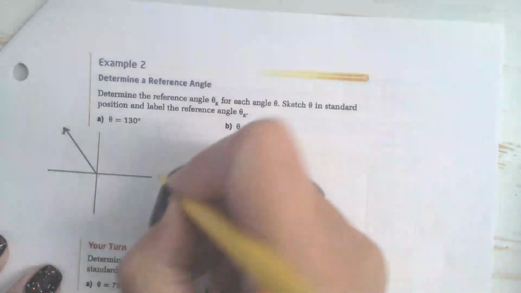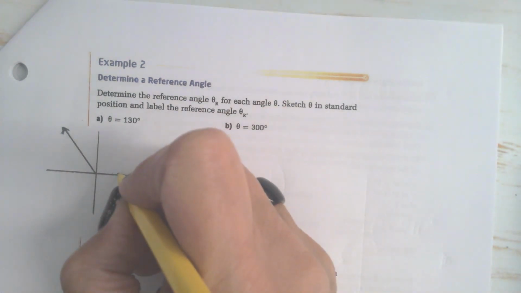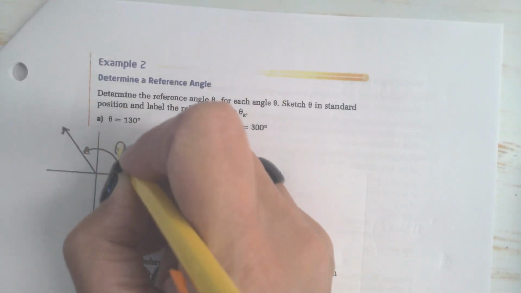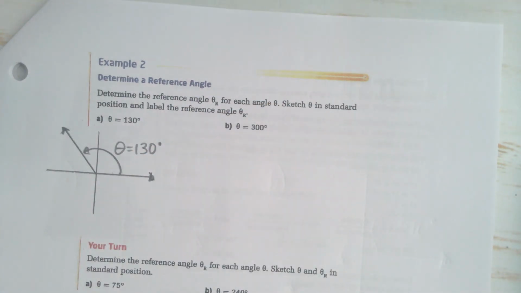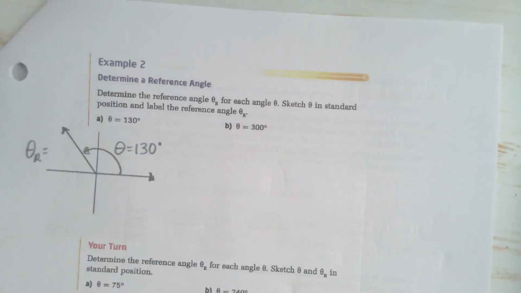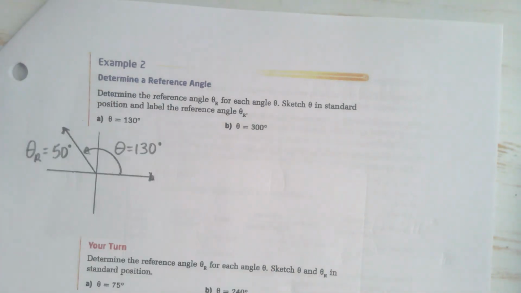So I'm going to label my quadrant 2. Where do I put my standard position angle, my theta angle? Starts at the x-axis, goes to there. I'm going to label it theta equals 130. What else am I going to fit? My reference angle, theta r, and I'm going to say it's equal to 50 degrees.